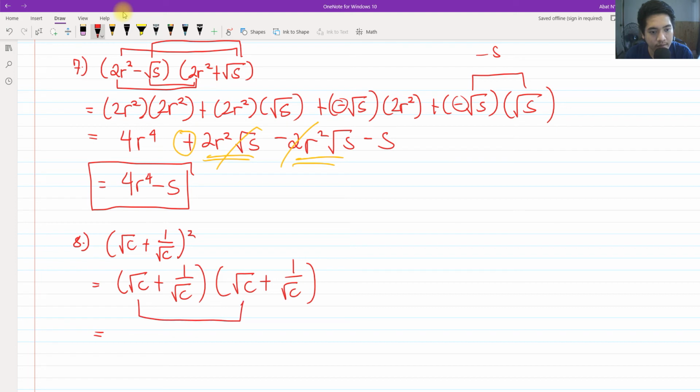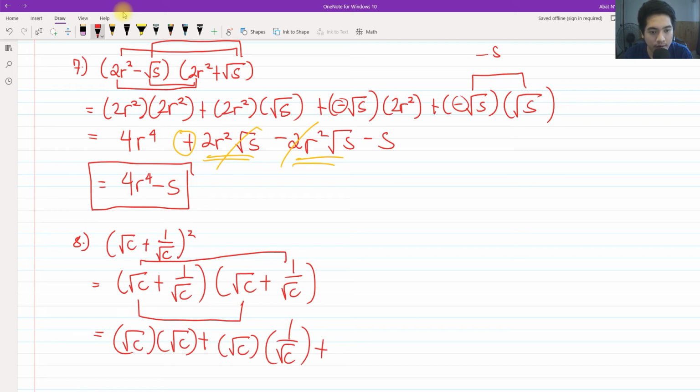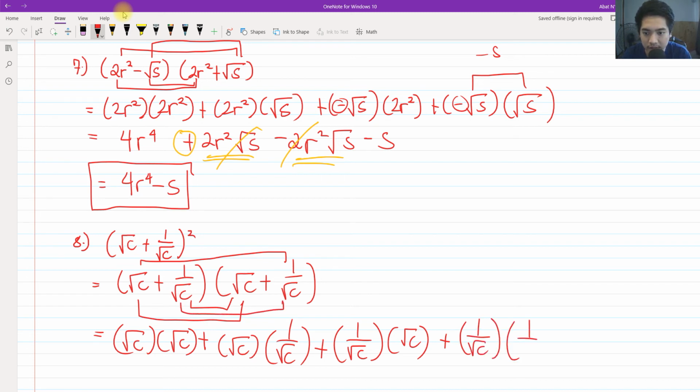You have first, square root of c times square root of c. Outer, square root of c times 1 all over square root of c. Inner, 1 all over square root of c times square root of c. And then last, we have 1 all over square root of c, the last one, plus 1 all over square root of c.